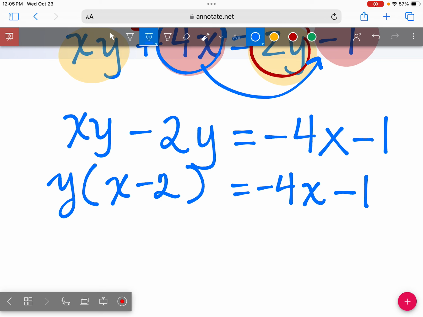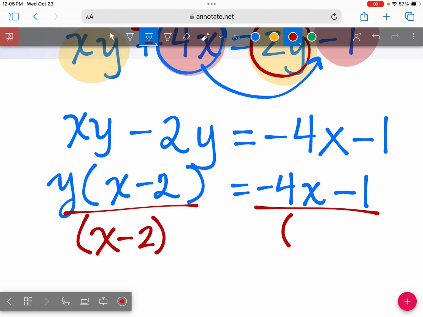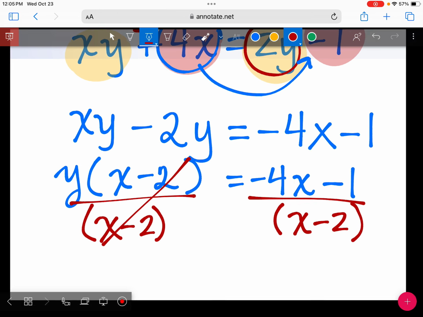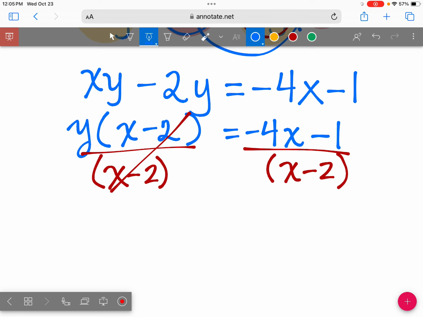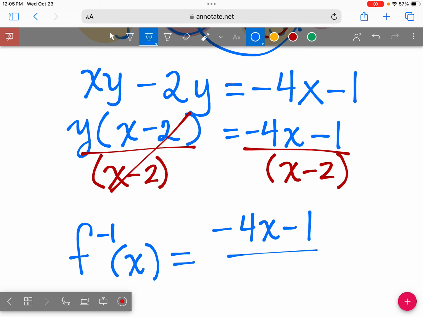X minus 2, that's it. We're going to divide both sides by x minus 2. Because it's in parentheses, it's a group. So that cancels out. So my inverse function would be inverse of x equals negative 4x minus 1 over x minus 2.